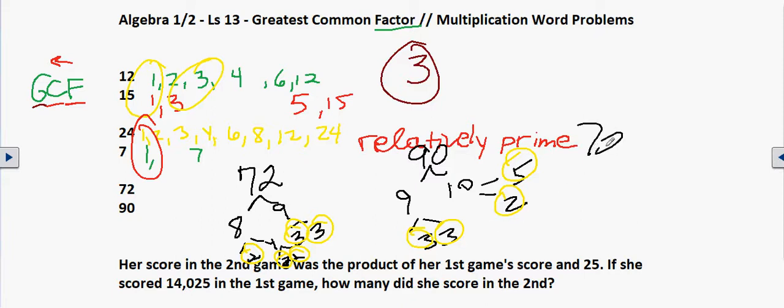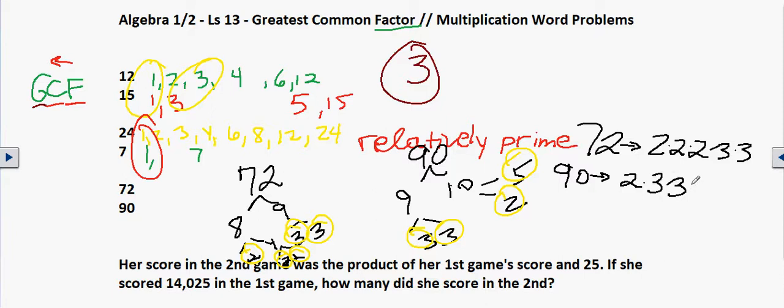So 72 was 2 times 2 times 2 times 3 times 3. 90 is a little more. No, actually not too bad because we got a 5 in there. 2 times 3 times 3 times 5.